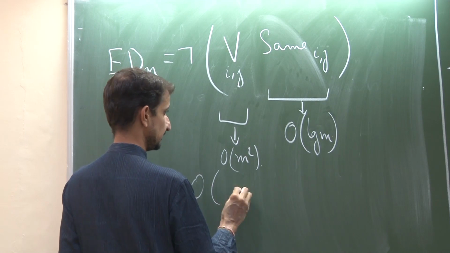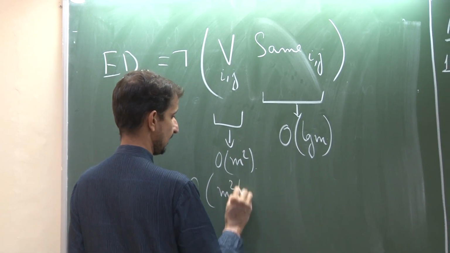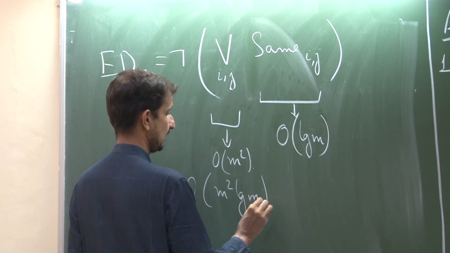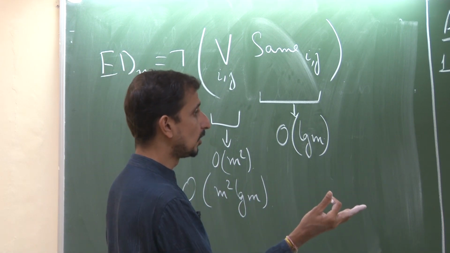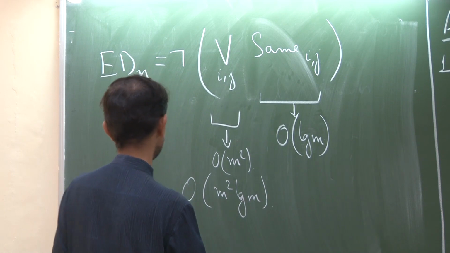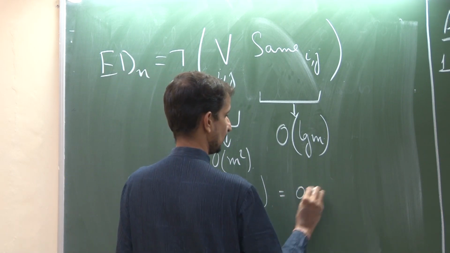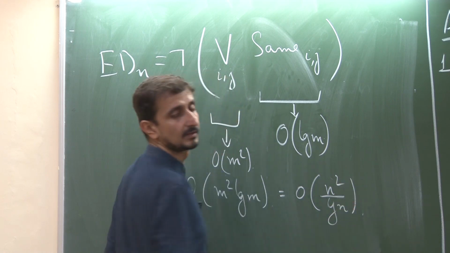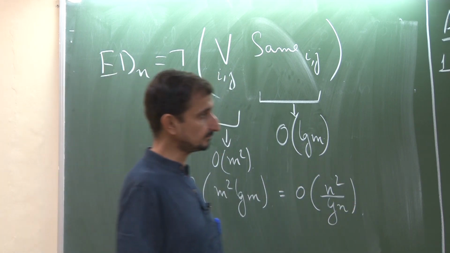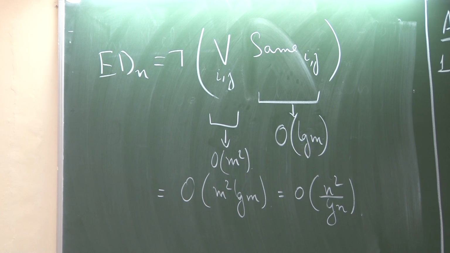I have a total of m square such pairs. So this is order m square log m, and what we saw is that m log m is n and m is this thing. So this is order of, once again, n square by log n. So for this function we have an upper and a lower bound of n square by log n.